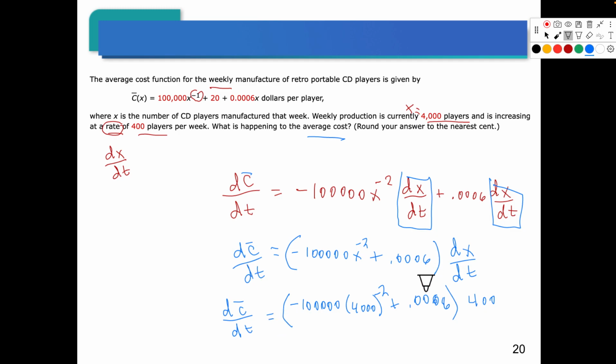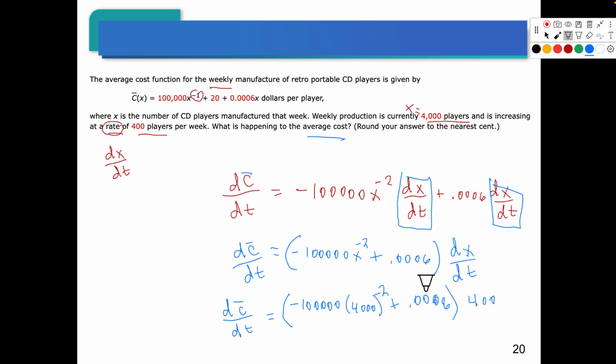So we plug all this in our calculator: minus 100,000 times 4,000 raised to the minus 2 power plus 0.0006.